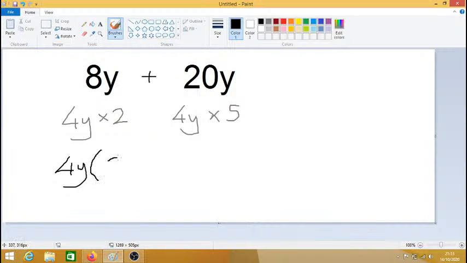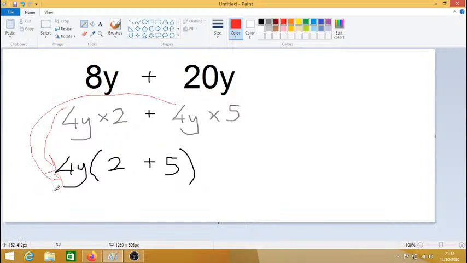And then inside would be the 2, and there's a plus here, plus the 5. Again, what's happened is the common factor, the 4y, has been pulled to the front, leaving the 2 and the 5 in the brackets.